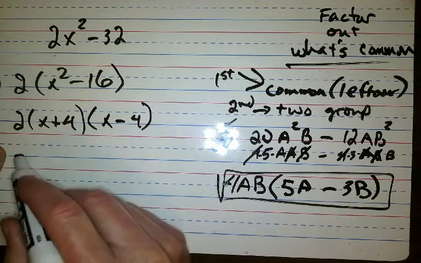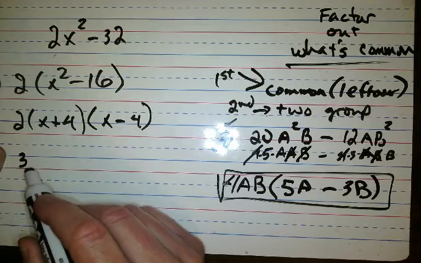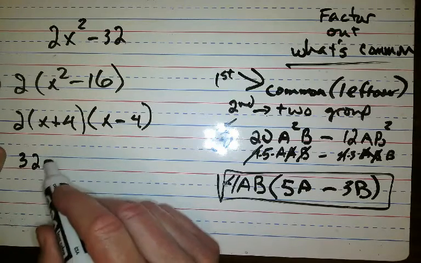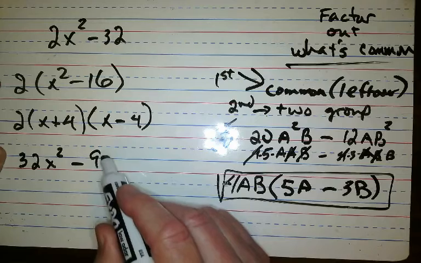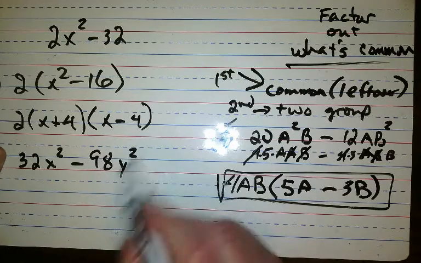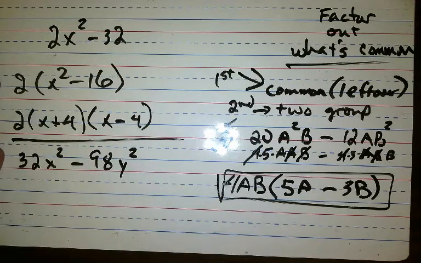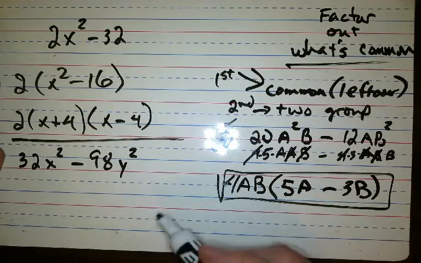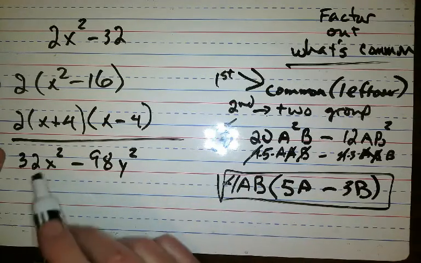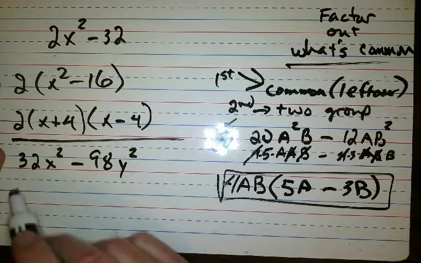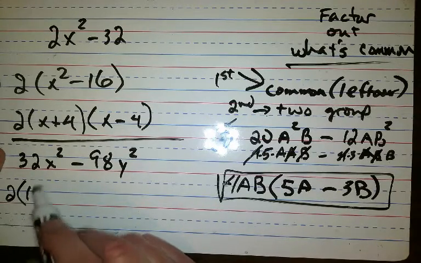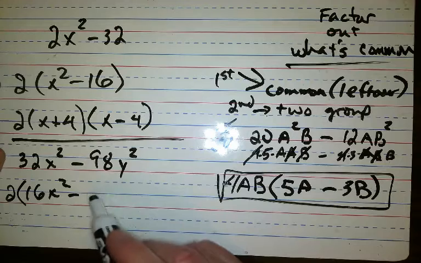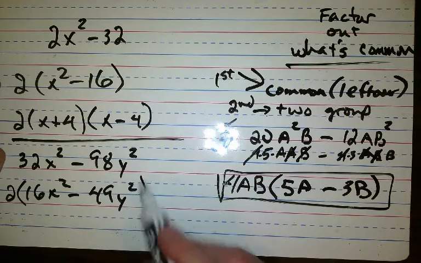Let's do an extra tricky one. Although now that you've seen that once, you're probably not going to be tricked by it again, huh? Now look carefully. What's common? Only one thing, right? 2 is the only thing that's common, because there's an x here and a y here. They're not common. They're both even, so I'm going to take 2 out. 16x squared minus 49y squared.